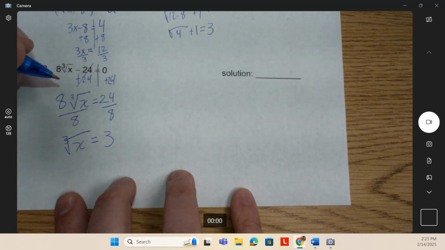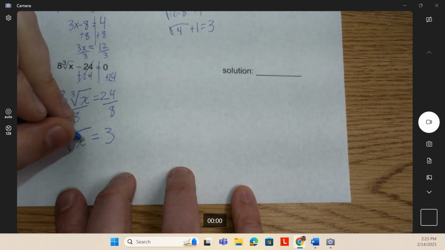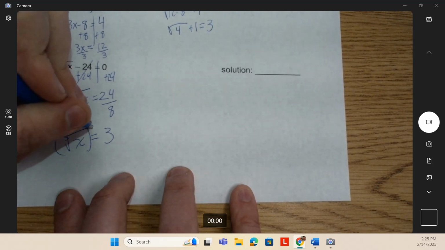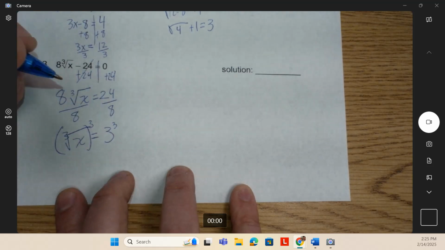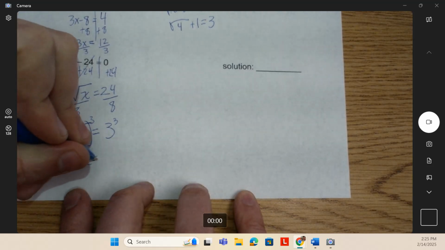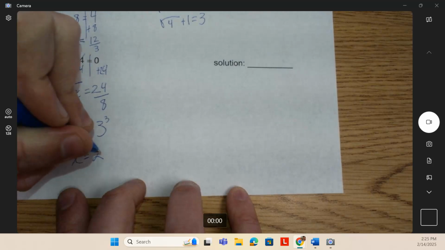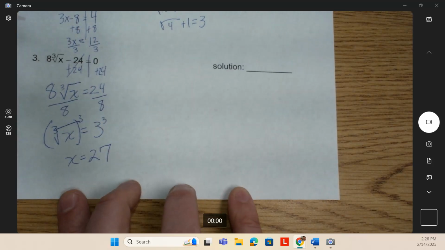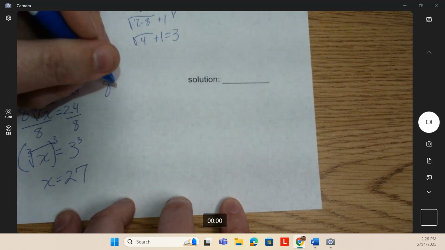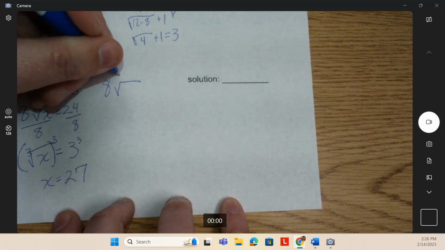And so now instead of squaring it, I need a group of 3 to get that out, so I'd have to cube it. So I'm going to take 3 and raise it to the third power to get x equals 27. And when I check that, just kind of a reversal of what we've been doing.